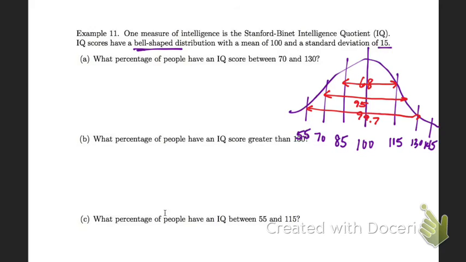So I'm going to break up the 68 to be 34 and 34. What could my next two columns be? You can either look at the picture for reference, or how could I figure that out? You take 95 and subtract 68, and then divide by 2. Then take 99.7 minus 95, divide by 2. Point what? 1.5.